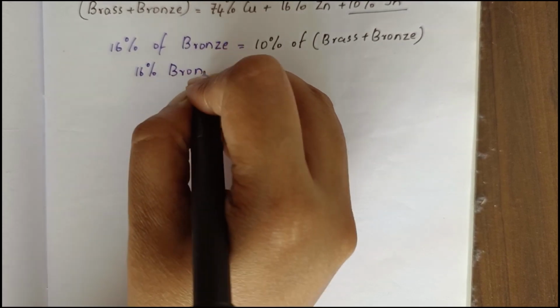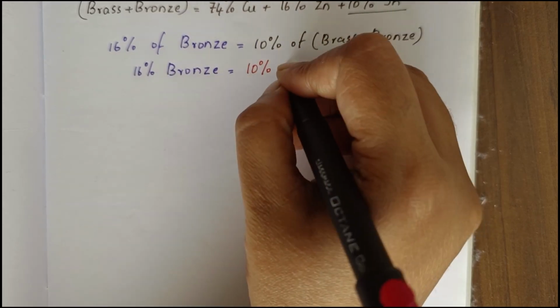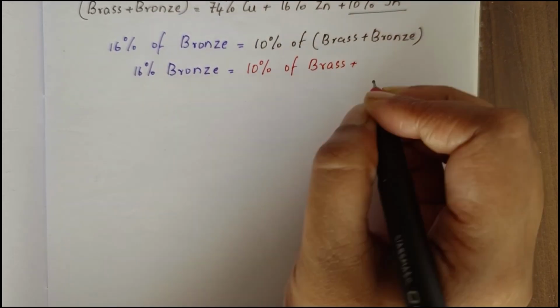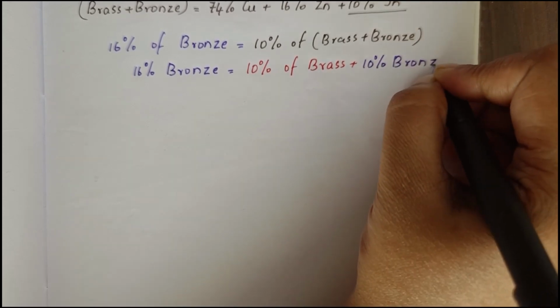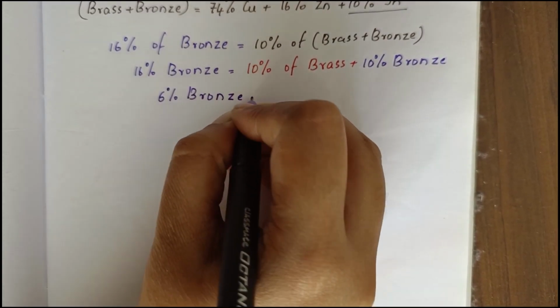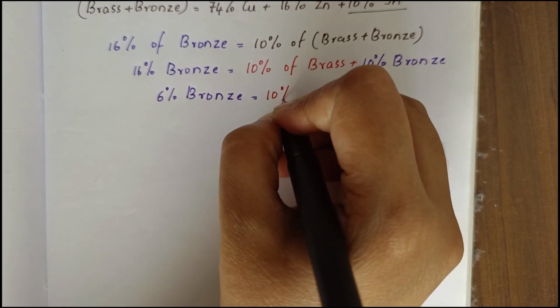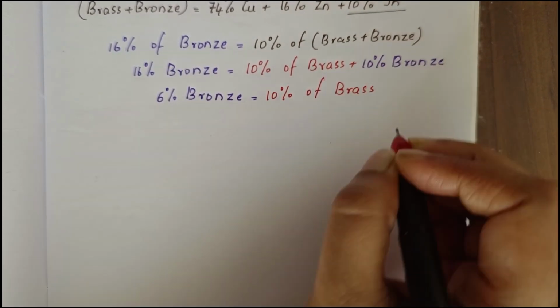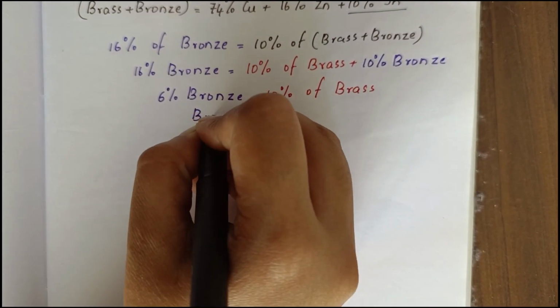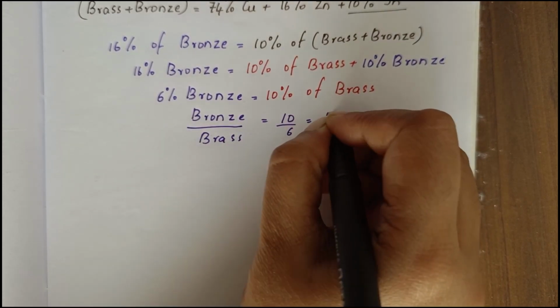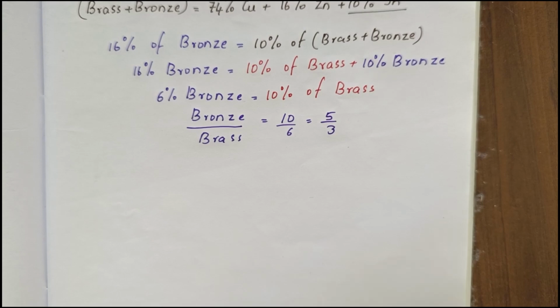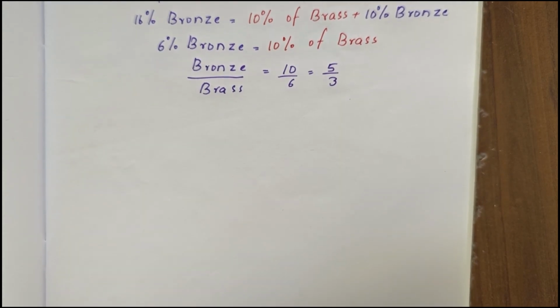So 16% of bronze is equal to 10% of brass plus 10% of bronze. So subtracting, we get 6% of bronze is equal to 10% of brass, and bronze divided by brass is 10 by 6, that is 5 by 3. So this is the ratio of bronze to brass in the mixture. So we got the ratio of bronze and brass in the mixture.